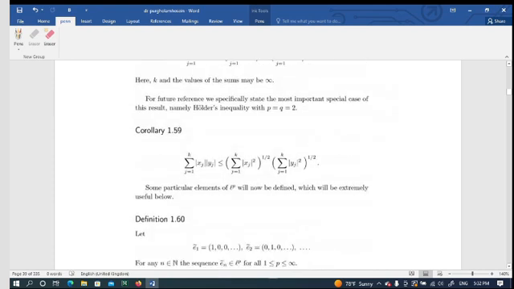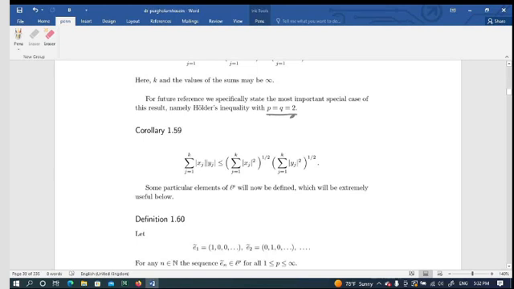And another inequality is the Cauchy inequality. When p and q are equal to 2, we have this inequality.